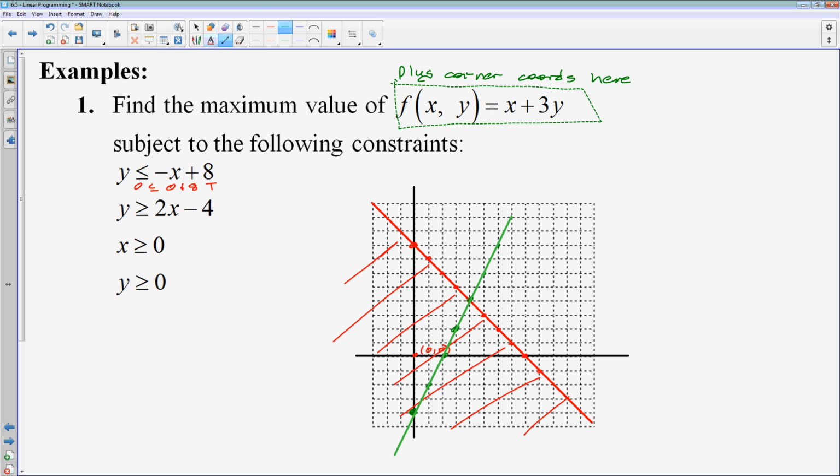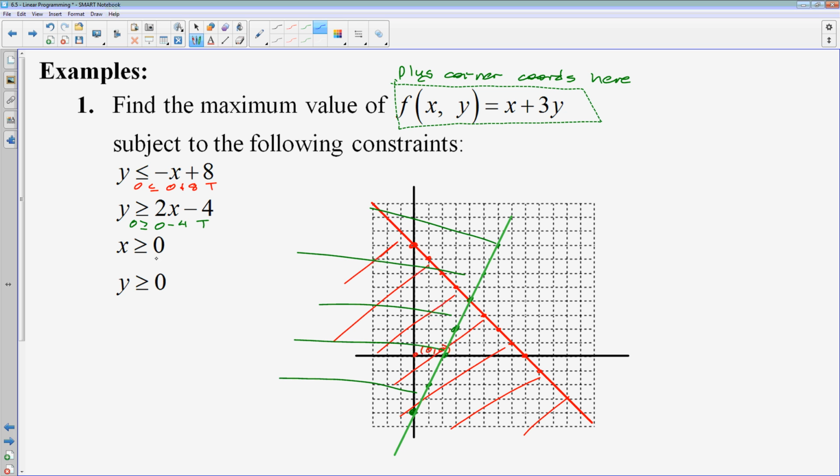If I plug the origin into that equation, I get 0 is greater than or equal to 0 minus 4. Again, that's a true statement, so I'm going to shade towards the origin. And you don't want to go too crazy with your shading because you need to be staying in tune with where the shading overlaps. So right now I've got this region where my red and green are overlapping.